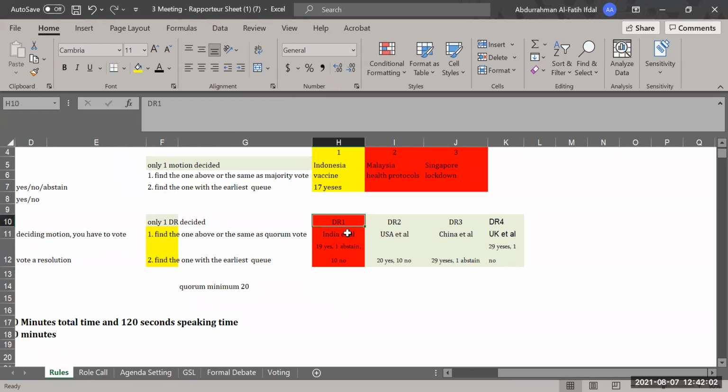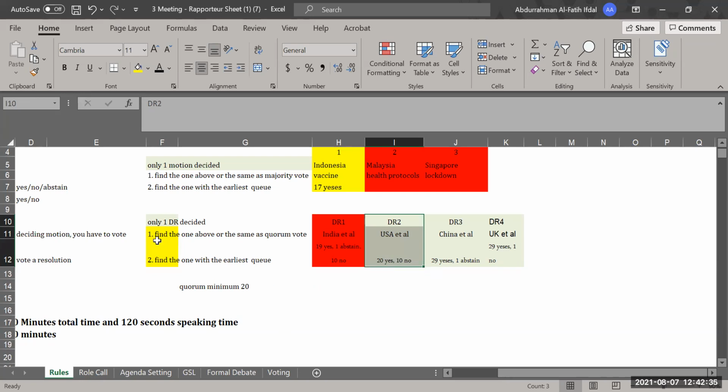But India fails to pass the motion, so the first queue passes to the United States, the immediate country after India. No country is before USA other than India, whose motion is already debunked. So the United States motion is the one chosen.